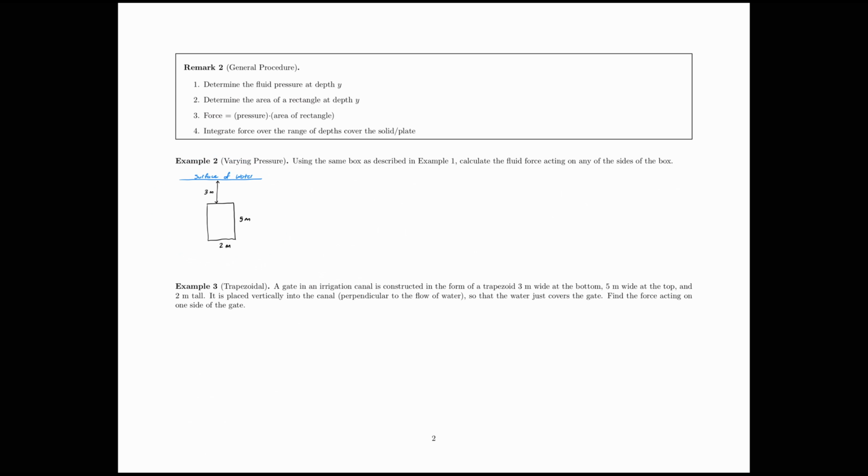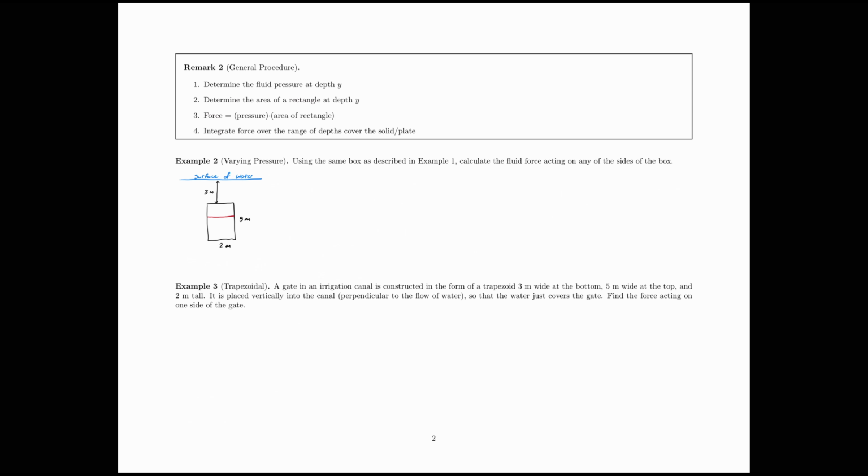So there is a very general procedure listed here in remark number 2. And this is essentially how every fluid force problem will go. You are going to determine the fluid pressure at some arbitrary depth y. So what I'm going to do is I am going to just consider a little slice.